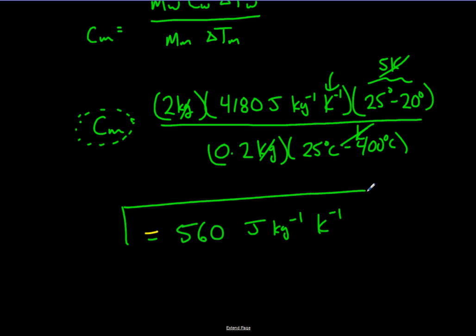So that would be the specific heat capacity of the unknown metal. Is that higher or lower than water's? Way, way lower, okay? Which is exactly what we would expect from a metal. You'll gain more experience with this, but metals tend to have much lower heat capacities than water does. So that's that.